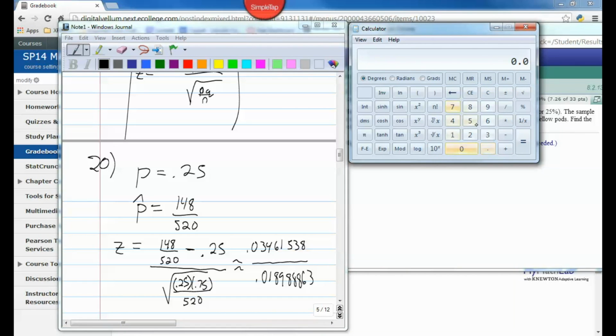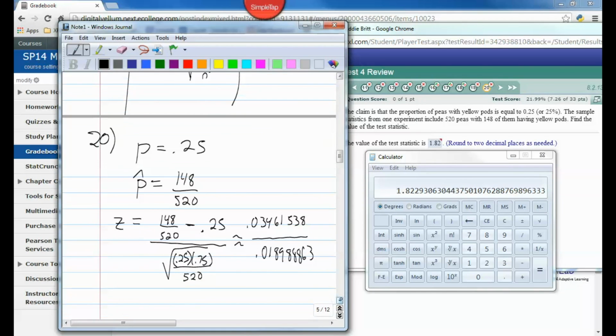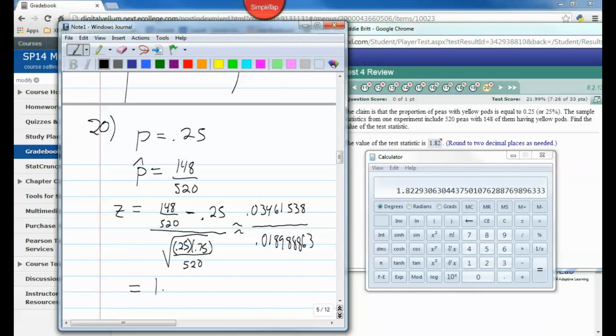If you can keep them exact, that would be great, but carrying them out several places should provide enough margin for error not to give us the wrong answer. Divided by 0.018988863. All right, so here's our test statistic. Since this is a z-score, we're going to round it to 2 places. So 1.82. That's what we need to type in, 1.82. All right, so that's number 20.